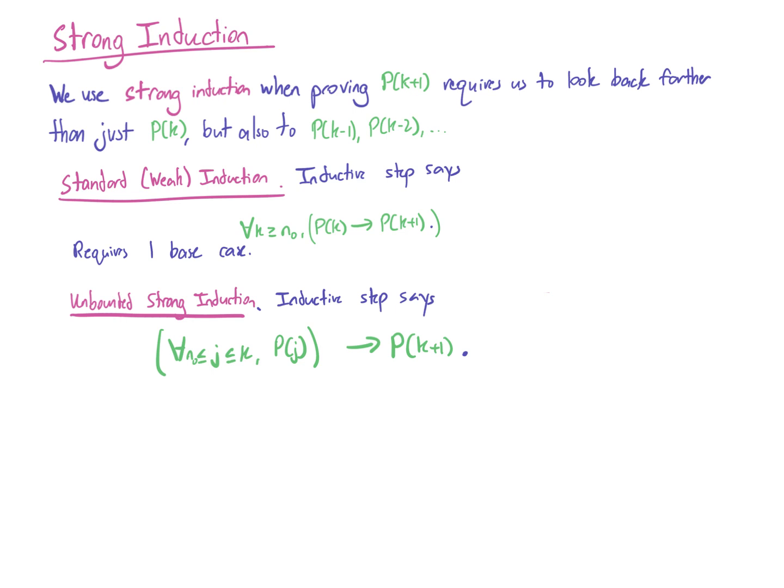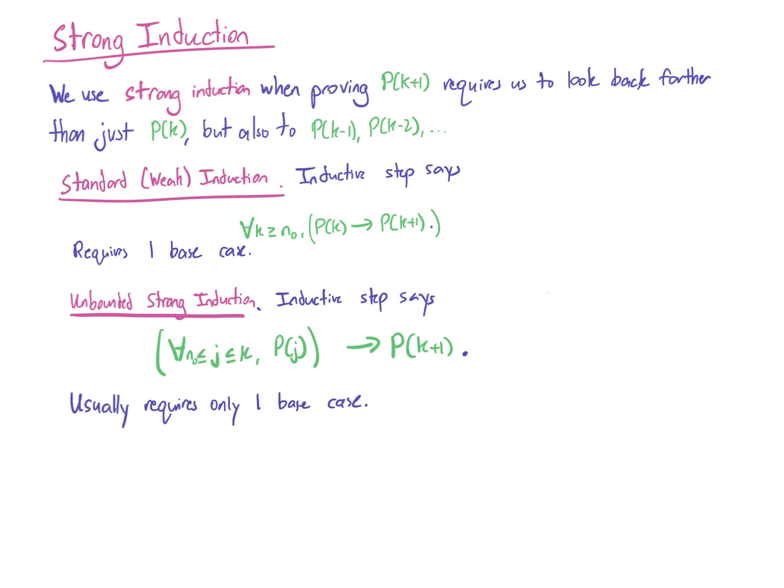But surprisingly, and we'll see an example soon, unbounded strong induction usually, not always, but usually requires only one base case. So we do a standard type base case where we prove the statement is true for n naught, and then we use unbounded strong induction in the inductive step. In our inductive hypothesis, we assume this potentially very large number of propositions, and we again use it to show that P of k plus 1 is true.